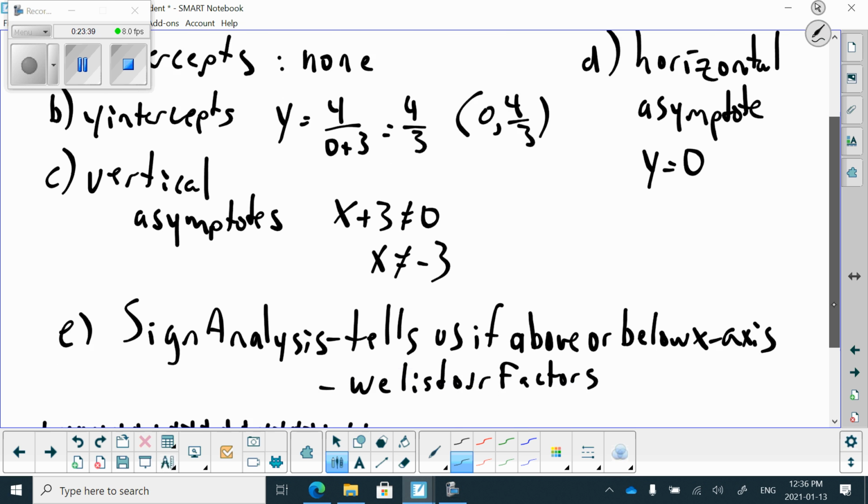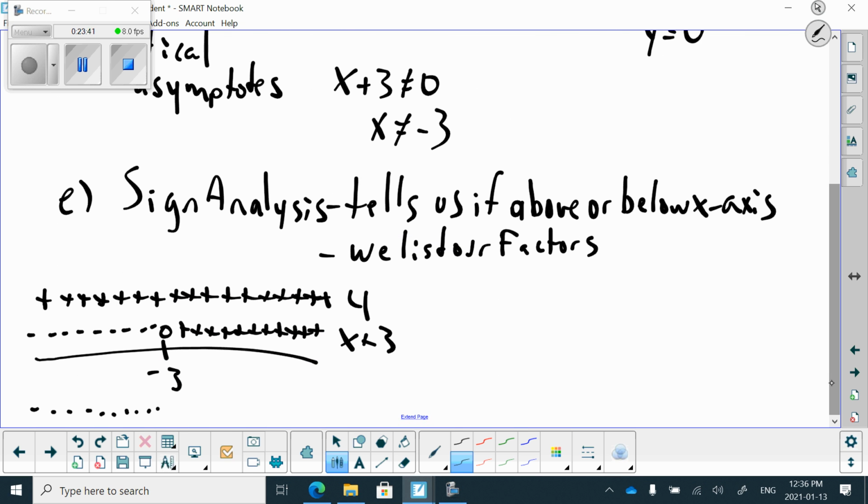So if it's a vertical asymptote, we don't put 0. We're going to put down infinity because our graph is going to go to infinity. And then multiply these two lines, of course, positive times a positive is positive. And that tells us where our graph is going to go.